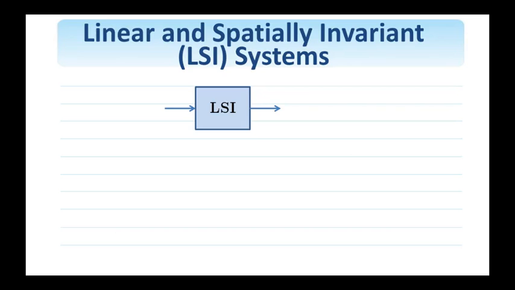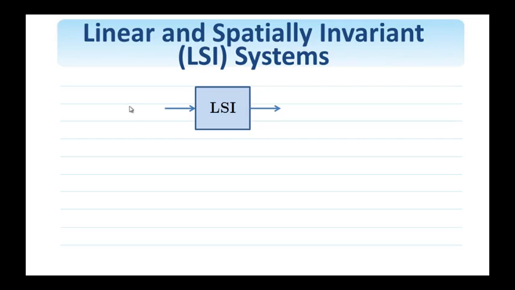Let us look now at systems that are both linear and spatially invariant, LSI systems. Such systems are used widely, and we have developed very useful and convenient tools to describe and analyze them. Such systems can be completely described by a signal that we'll be referring to as the impulse response of the system.